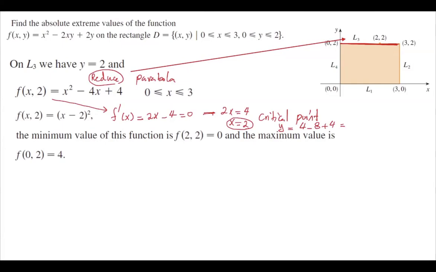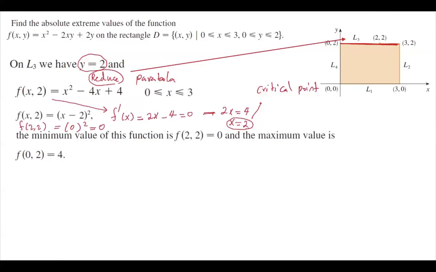Let me just correct this one here. So here you have your critical point. And since your y is also fixed, equal to 2, f of 2 and 2 becomes 0.